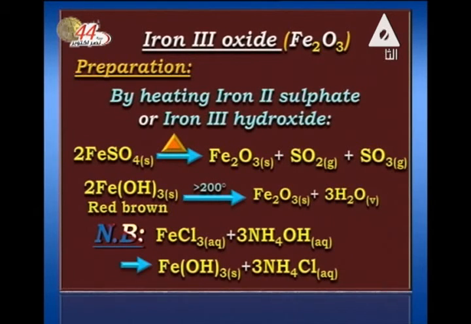My dear student, we use this last equation in conversion of iron 3 salts into oxides. We have to react it first with ammonium hydroxide to give iron 3 hydroxide, which by heating gives iron 3 oxide, and we can make the conversion for solving these equations.